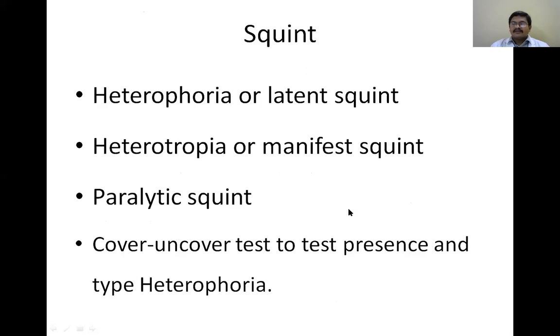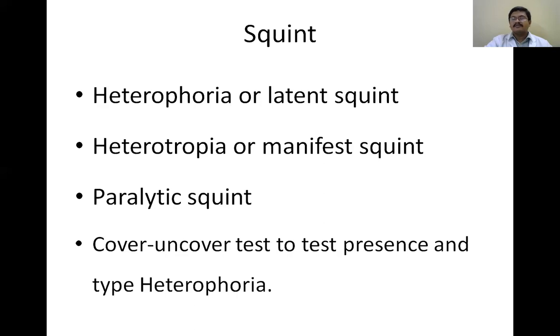Then what is a squint? The squints are heterophoria, heterotropia or paralytic. It can be a latent squint or a manifest squint, where there is a misalignment of the visual axis. We use the cover test to diagnose the latent squint. Sometimes in children, you don't normally appreciate the squint, but when they have fever or are weak, it looks like a squint.